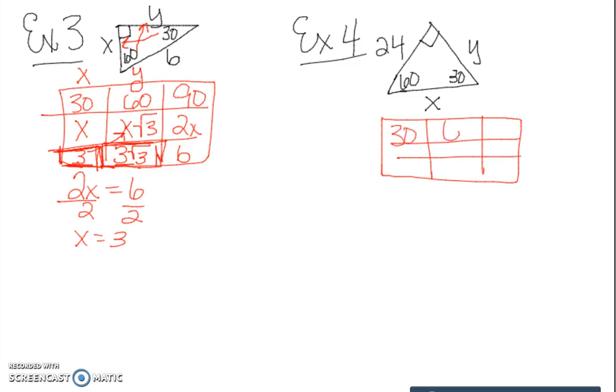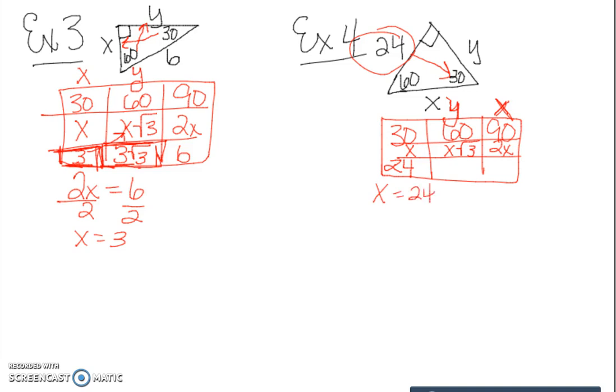I have 30, 60, 90 on top. I have x, x square root of 3, and 2x in the middle, and now I want to fill in. So I have 24, and 24 is across the 30-degree side, so I'm going to put 24 under the 30. X is across my hypotenuse, so this value will be X, and Y is across the 60, so this value will be Y.